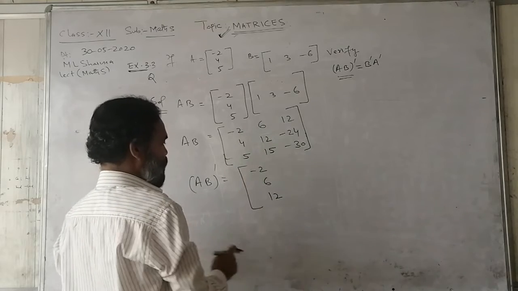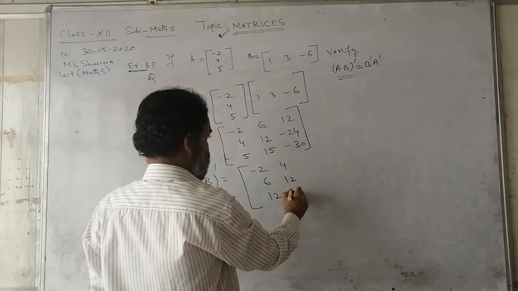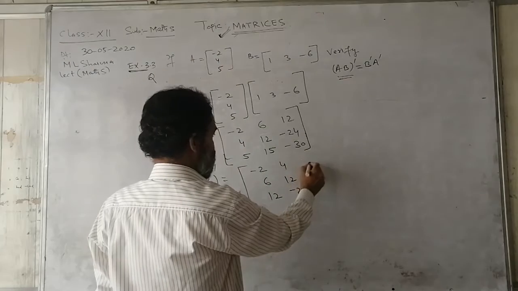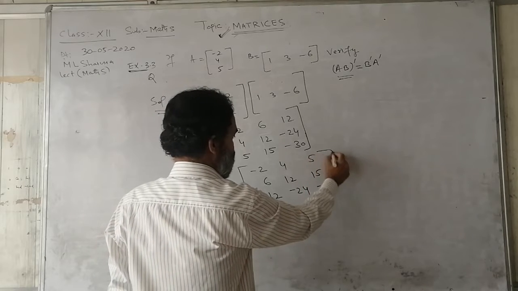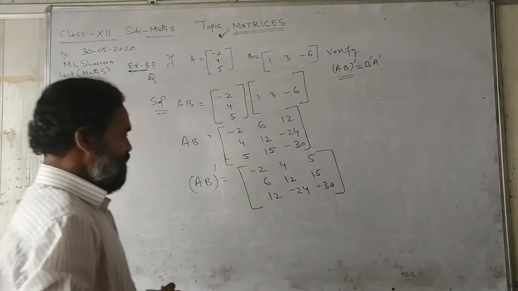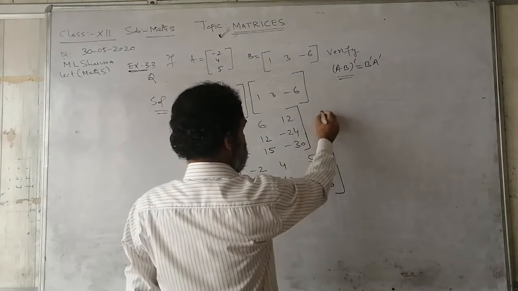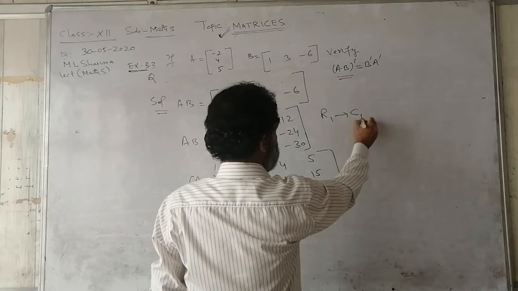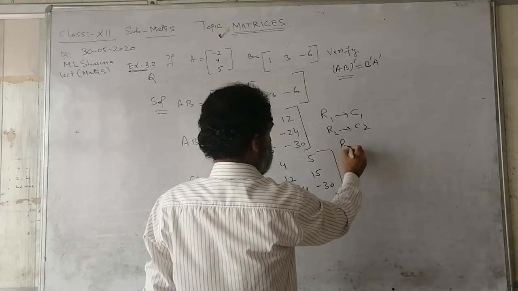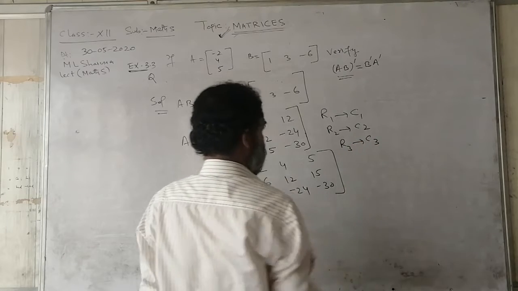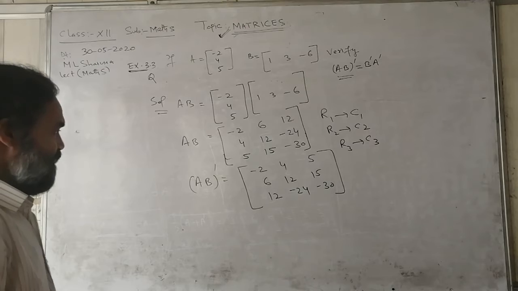The first row will become the first column, the second row will become the second column, and the third row will become the third column. So rows are changed into columns, that is R1 into C1, R2 into C2, and R3 into C3. So this is the transpose of AB.